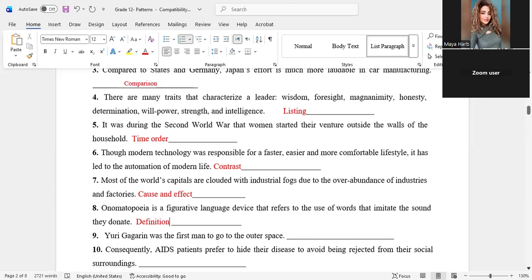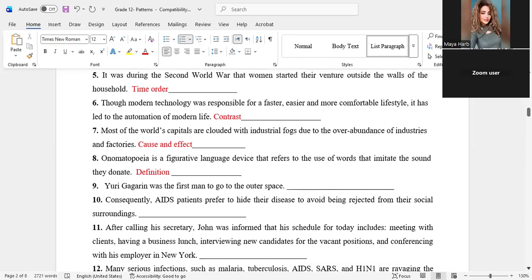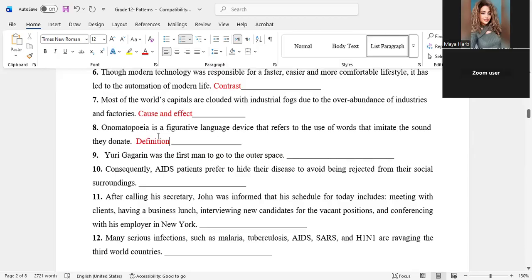Yalla, last two. Number 9 and 10. Oh, sorry, we still have till 12. It's okay. Yuri Gagarin was the first man to go to the outer space. Who is Yuri Gagarin? Do we know who Yuri Gagarin is?